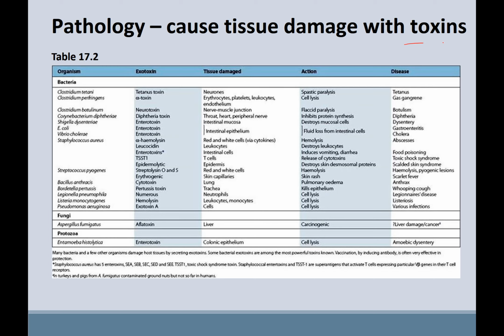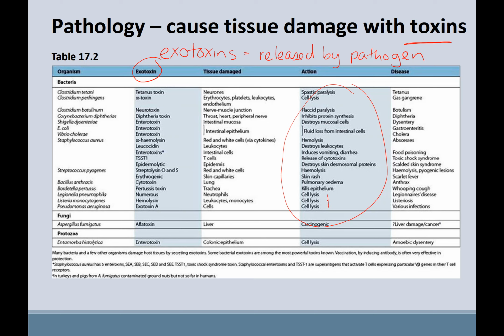Sometimes organisms release toxins, and in this case, these are called exotoxins, which means it's released by the pathogen. And so it's released into the system, and it can do lots of stuff.